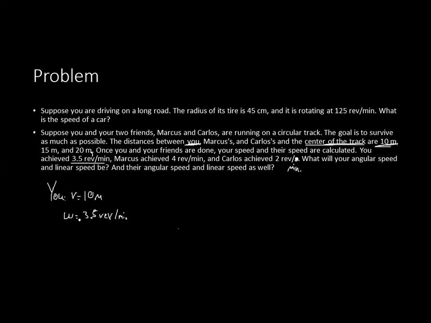But if you want to convert into radians, sure, why not? How do we convert this into radians? If you're going to convert your revolutions into radians, what you will do is 3.5 revolutions per minute, times 2 pi radians all over 1 revolution.